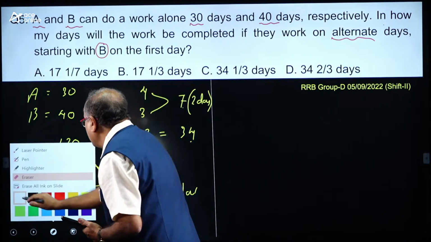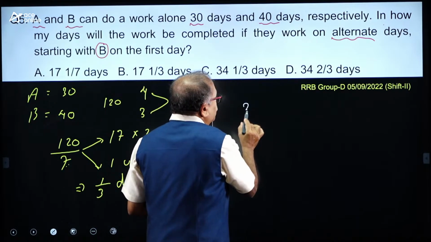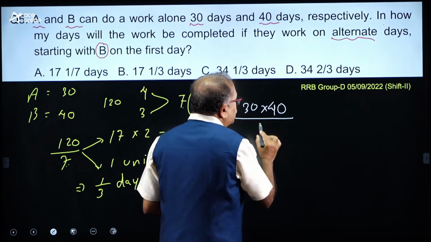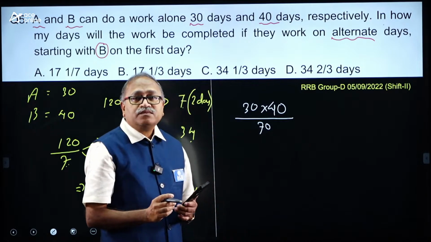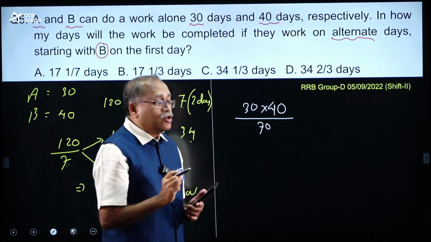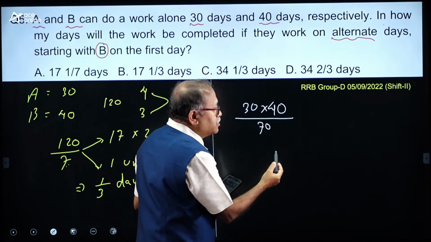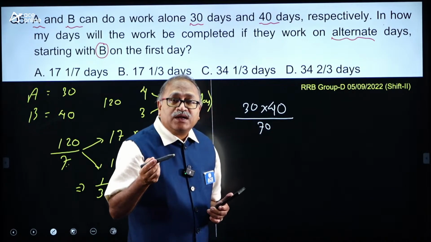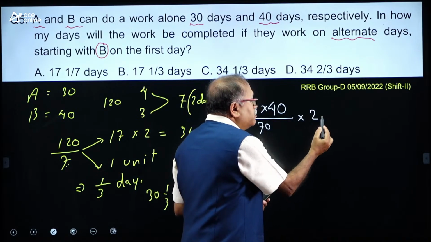Here we are going to do 30 into 40, divided by 30 plus 40, which is nothing but 70. That is the total work. But as they are working on alternate days, the time taken will become double.